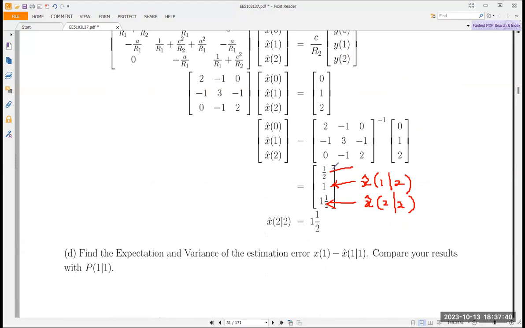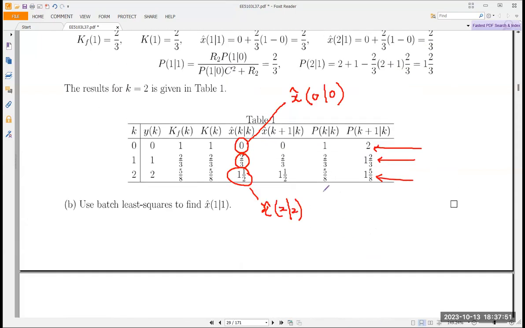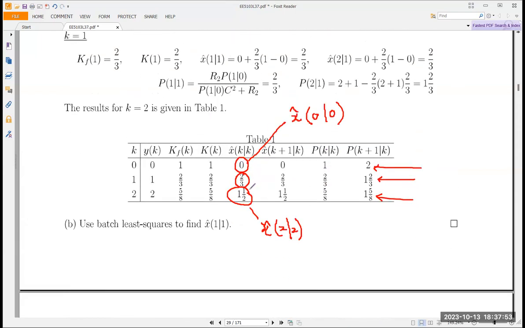This one should be this at the 0 sample, making use of y up to 2 to get this number. So this is half and this is 1. This guy here is 0 and 2/3. This one is x hat 1|2, 0|2. So there are different estimates. All right, be careful of all these things.